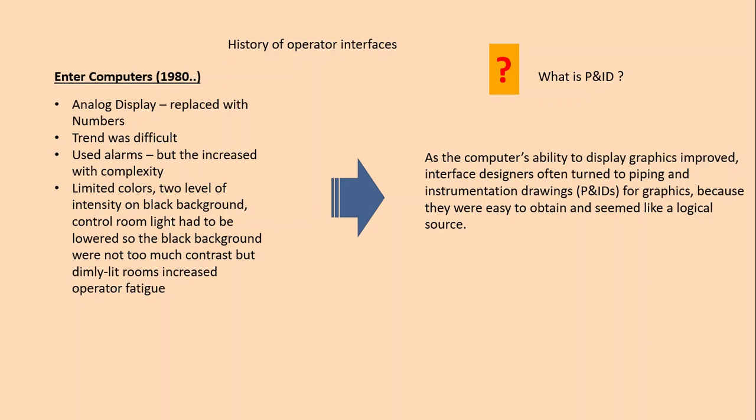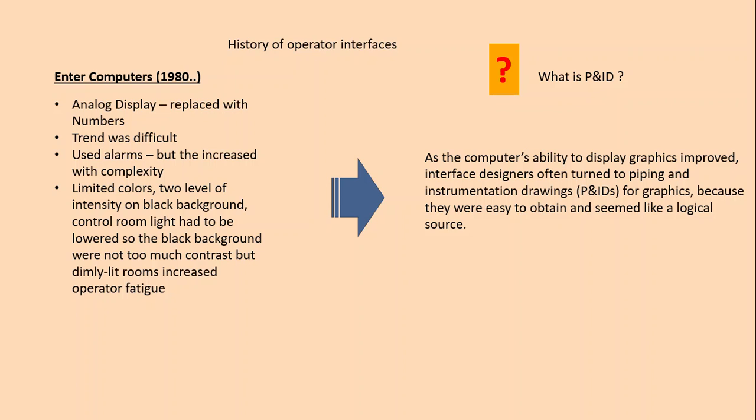In the beginning, computers had a very limited number of colors. I would say it was an 8-color display, but there was difficulty because the main color used as background was black, and to display the plant in lines and P and IDs, it was difficult for the operator to see the screen from different angles.